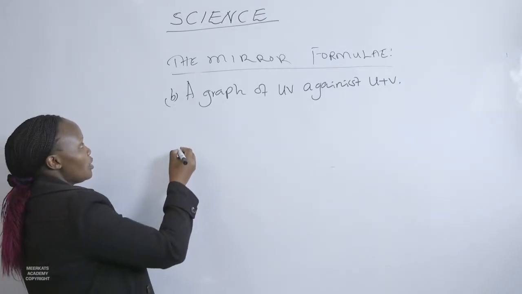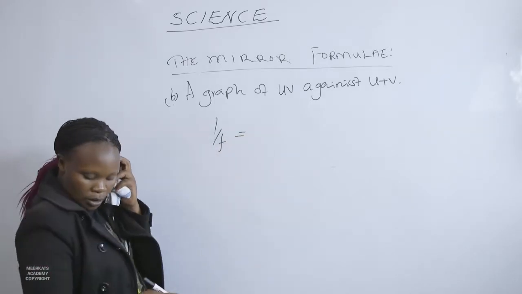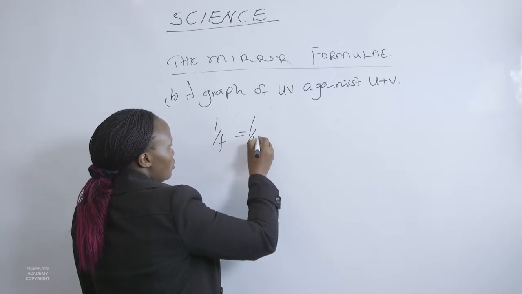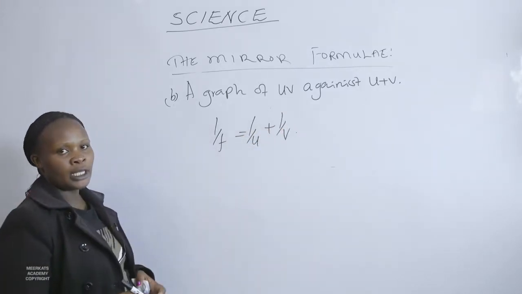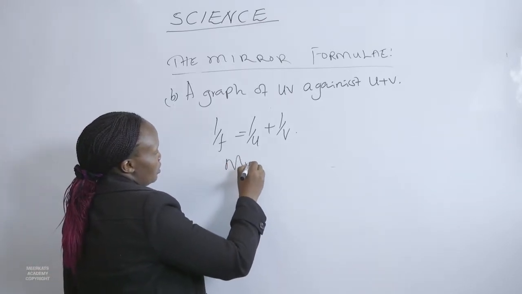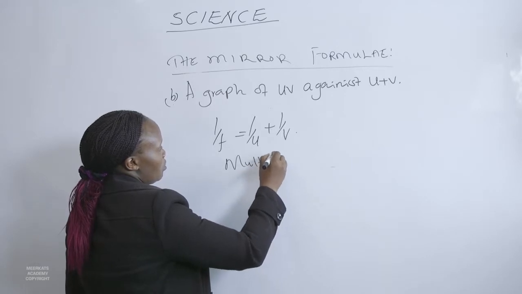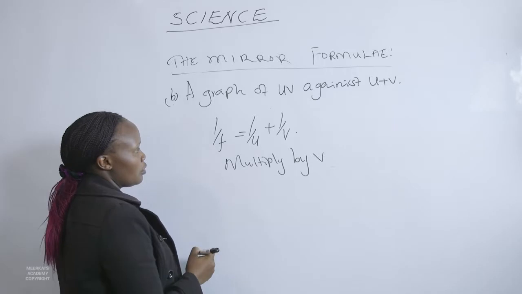Now, look at this. 1 over F will be equal to 1 over U plus 1 over V. Let us multiply by V throughout.